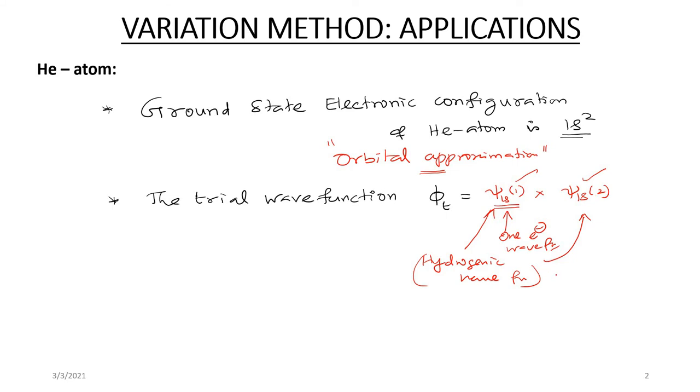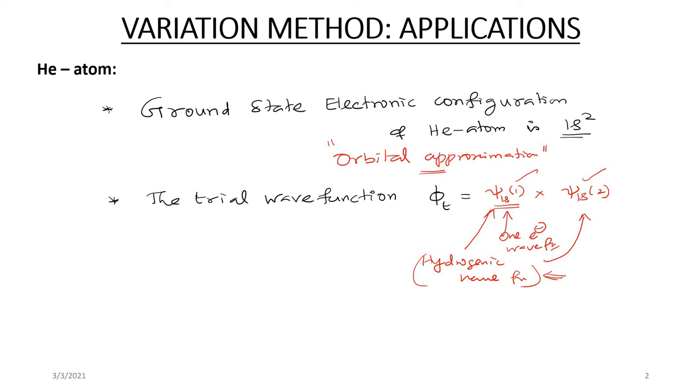We call these basis functions. So in this model I am choosing hydrogenic wave functions as basis functions, and using them I am constructing the total wave function for the ground state of helium atom.